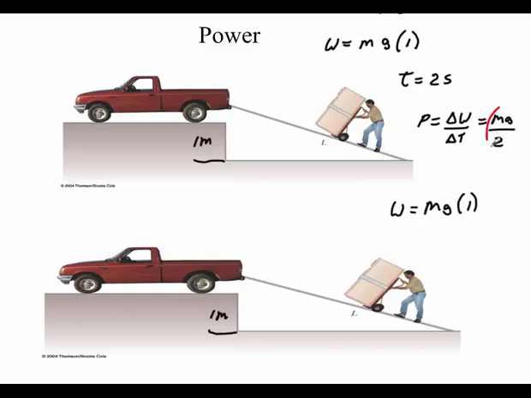Now if we look at the example down below, the ramp is longer. So let's say the time is equal to 3 seconds here. Then the power required would be the work, which would be mg. And again, I'm leaving out the 1 because mg times 1 is just mg.